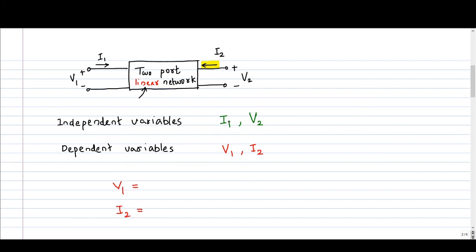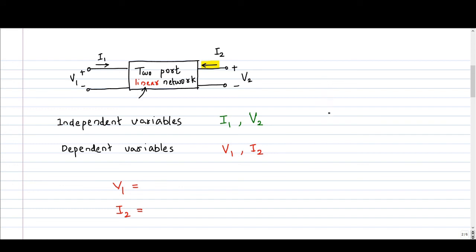Then I have four variables here: V1, V2, I1, I2. So I can make two variables independent and two variables dependent on the other two. There are different two-port network models like Z parameter model, Y parameter model, H parameter model, like that. We will be discussing H parameter model.